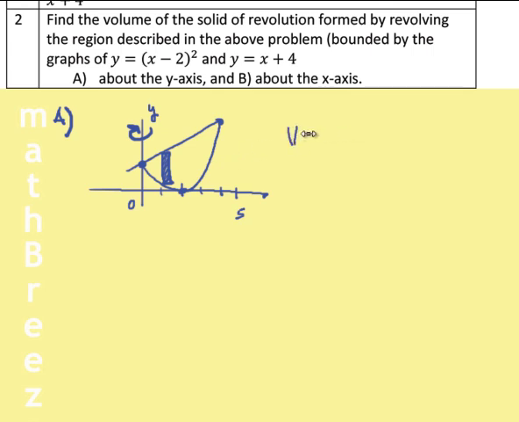That tells us the volume is equal to 2 pi x, and then here we have the height, which in this case is this minus this, x plus 4, subtract x minus 2 squared, dx. Remember, this formula is based on 2 pi r h. Here's our 2 pi, the radius is x, and this is the height. And we're integrating from 0 to 5.